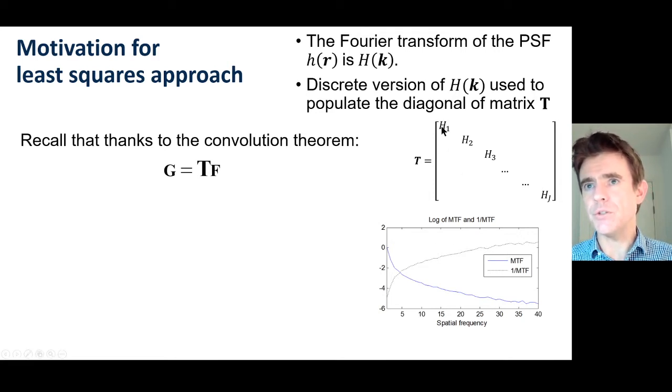And you can see that nearly always, as we go to increasing spatial frequencies, that blue line, the modulation transfer function, just shown here for 40 discrete spatial frequencies, starts high and generally decays downwards with increasing spatial frequency.